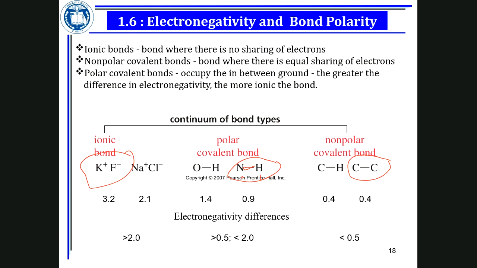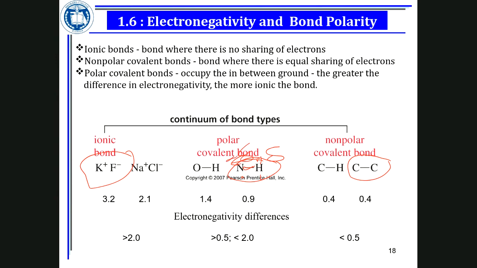Why polar? Because it's polarized. Why is it polarized? Because nitrogen has higher electronegativity, it's going to pull electrons toward itself, and electrons are going to spend less time around hydrogen, greater time around nitrogen. And when you have lower electron density, it's going to be a partially positive charge. If you have higher electron density around nitrogen, it's going to be partially negative.